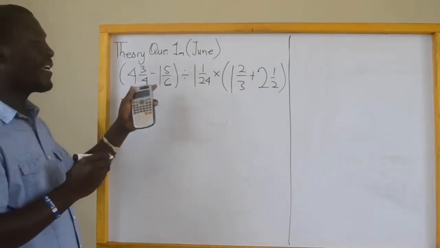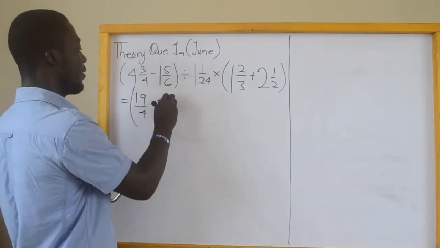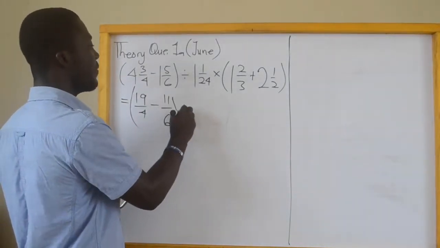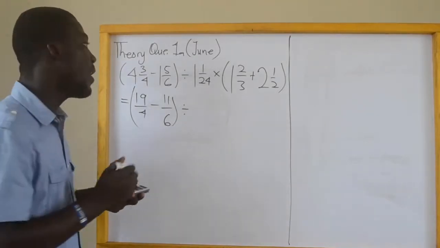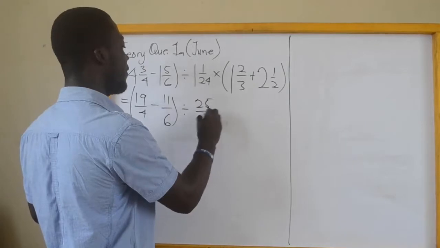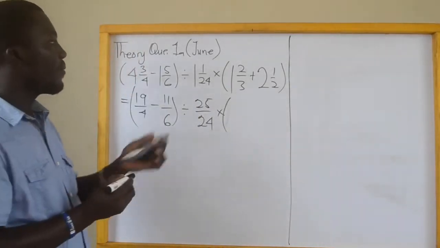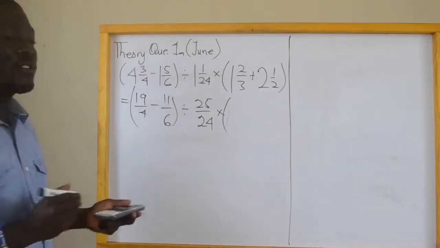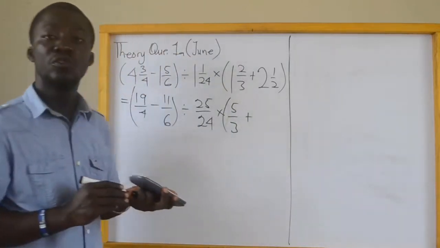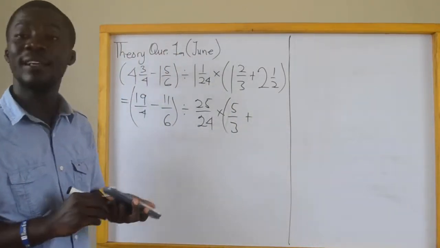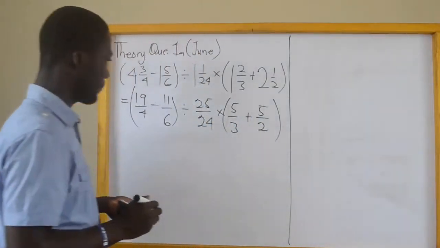Minus 1 times 6, 6, 6 plus 5 is 11 over 6. Divided by 1 times 24, 24, 24 plus 1, 25 over 24. Times 1 times 3, 3, plus 2, 5 over 3, plus 2 times 2 is 4, plus 1, 5 over 2.